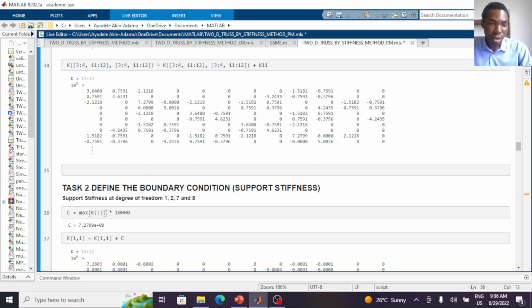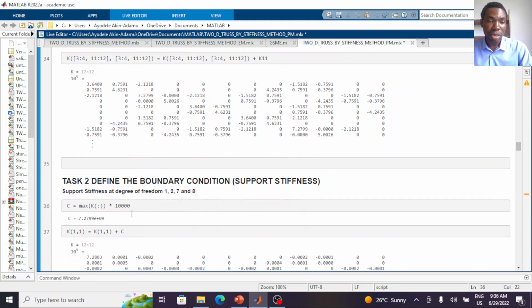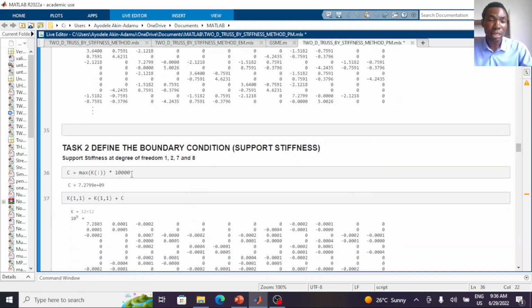This will look at the K matrix and return the largest value of the global stiffness matrix. So C is that value multiplied by 10,000. This is how I compute the large stiffness. When you run this code, you get 7.2799 times 10 raised to the power 9.